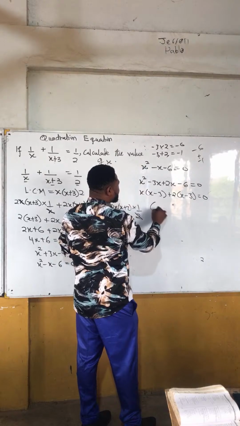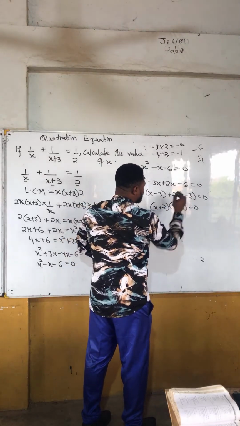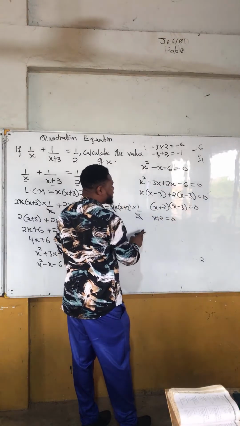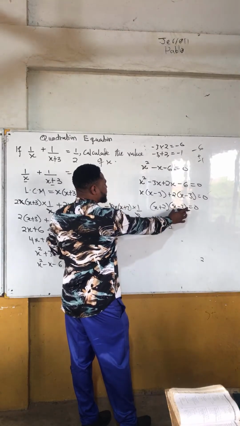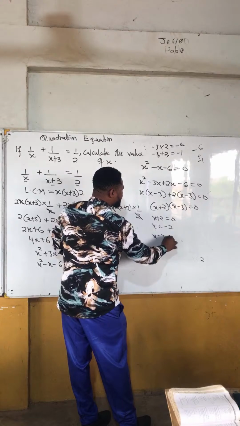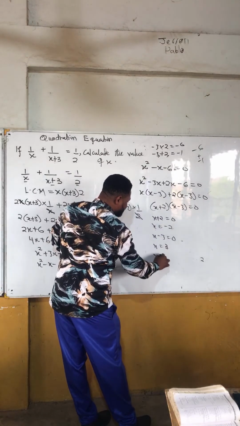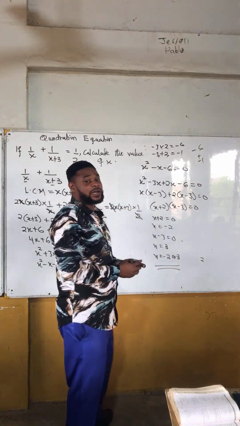You group outside. You pick one of the brackets equated to 0. X will be equal to negative 2. You pick the second bracket equated to 0. X will be equal to 3. Therefore, x equal to minus 2 or 3. And this is the answer.